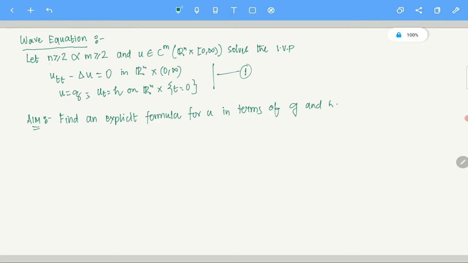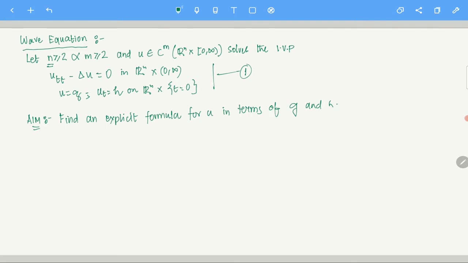So this n is the dimension, right? For odd dimension, we will deduce something called the Euler-Poisson-Darboux equation, and that equation in the odd dimension we can convert to a one dimensional wave equation, clear. And then we'll see how to deal with even dimension, clear.